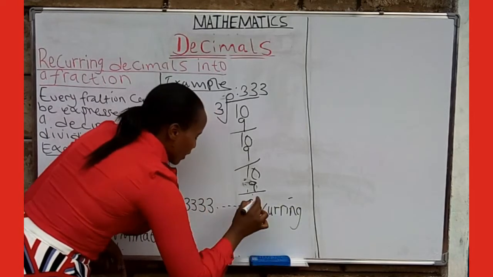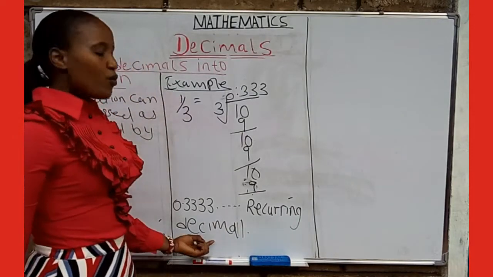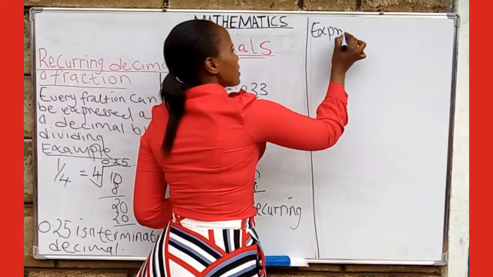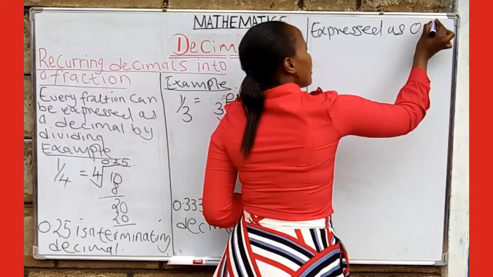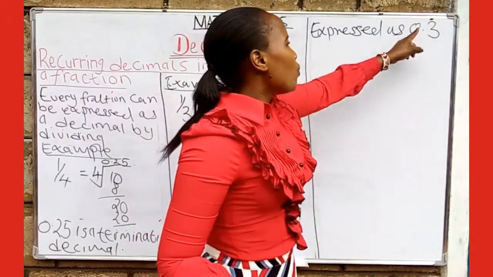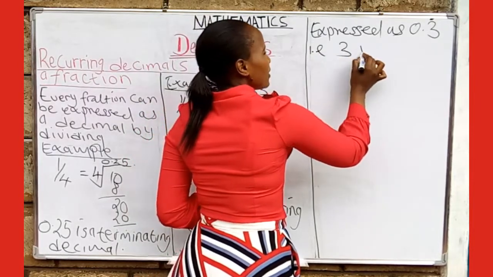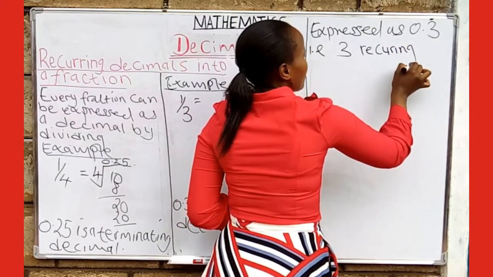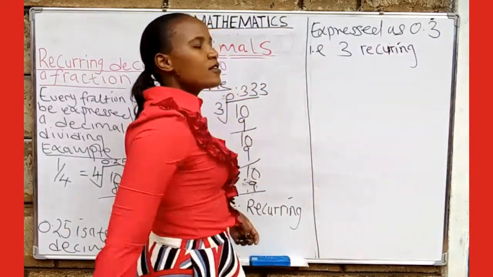This is what we call a recurring decimal, and it can be expressed as 0.3 with a dot on top of the recurring number, which means that 3 is recurring.